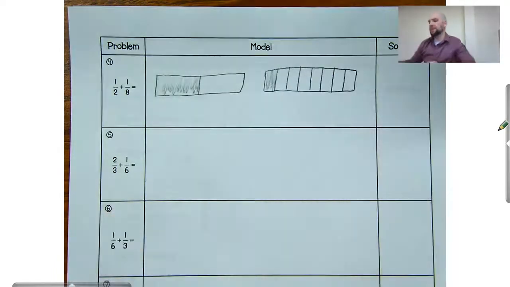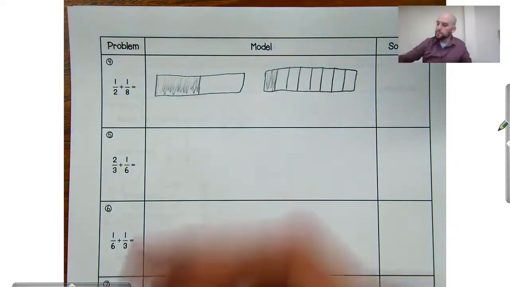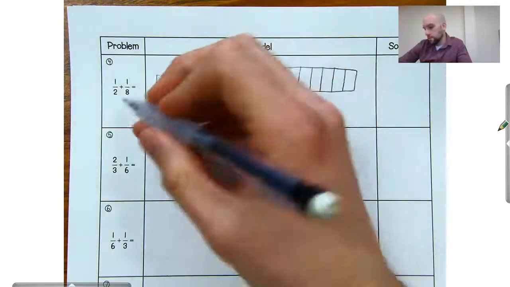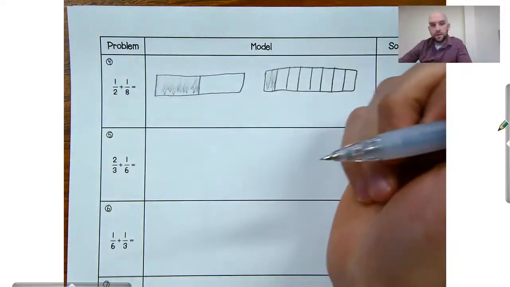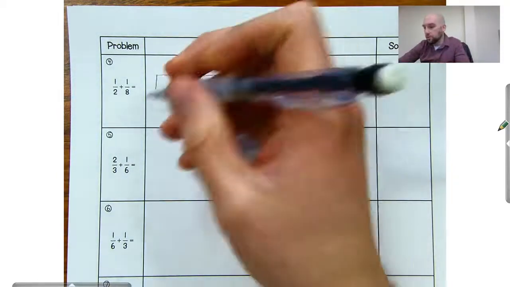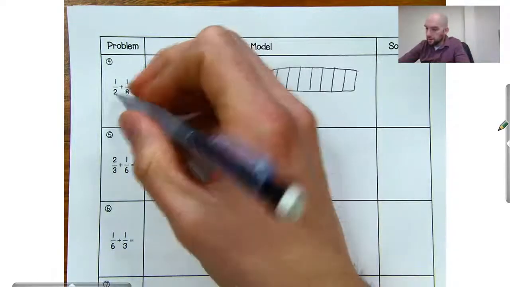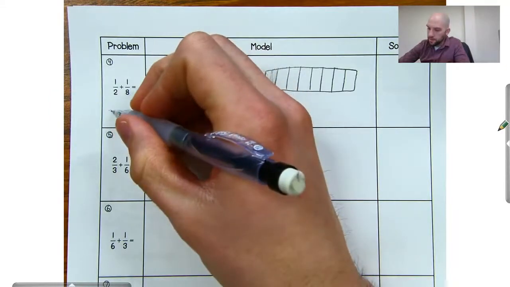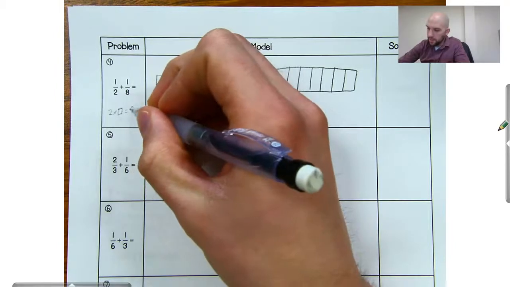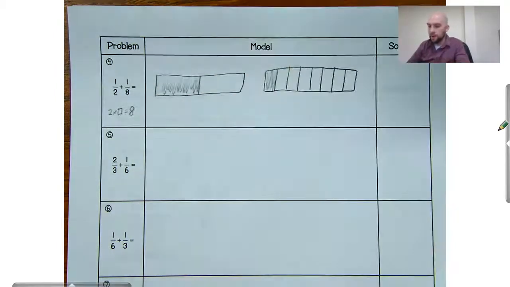I'm looking at my half and I say, how many eighths is that? Well, I can take my 2 and multiply it by something to get 8. So I'm looking at 2 times what equals 8 to find out what I'm going to multiply both my numerator and my denominator by.